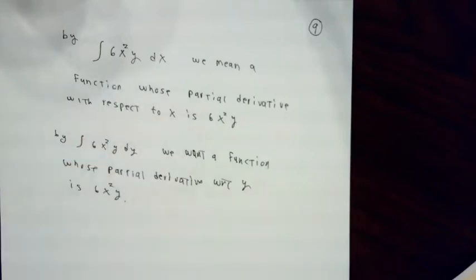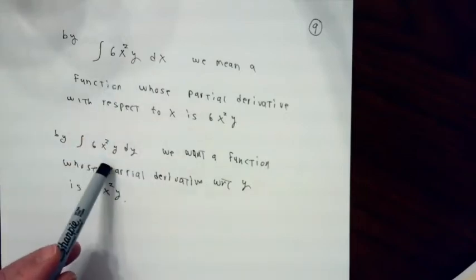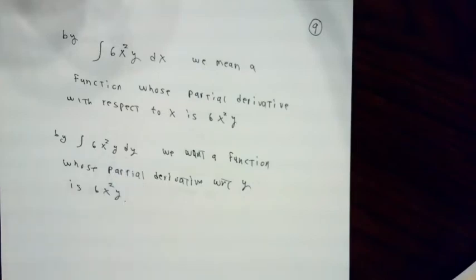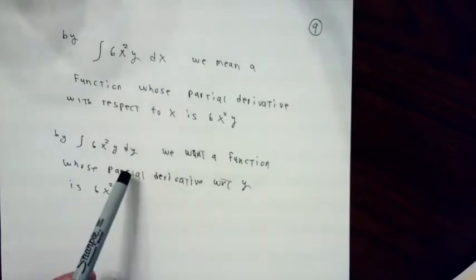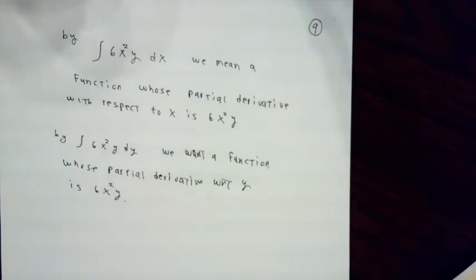And when we write the integral of 6x squared y dy, we mean a function whose partial derivative with respect to y is 6x squared y. Really, we should write curly dx and curly dy here, but no one does that. This is the standard notation.